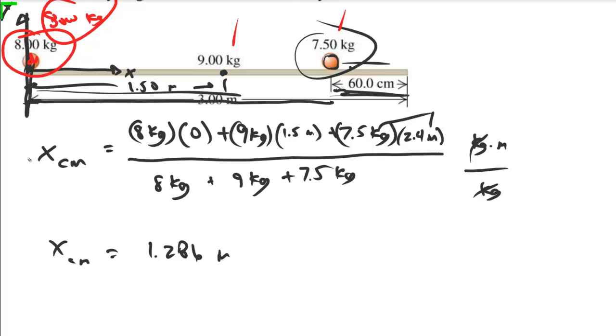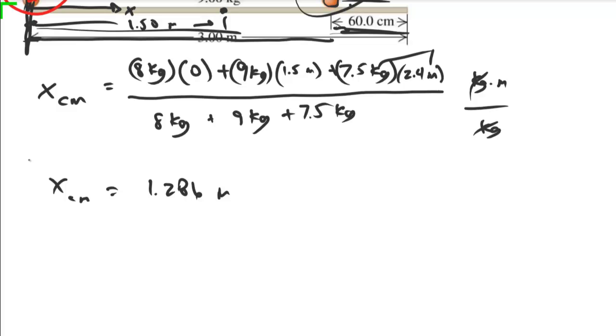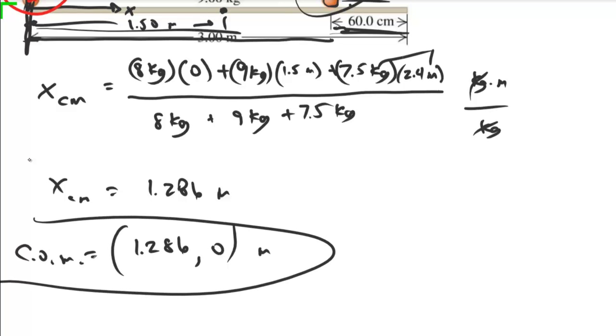Actually, the center of mass is an ordered pair, so in 2 dimensions this should be 1.286 comma 0 meters, right? This is the center of mass. But it just asks for the x center of mass, so you could have just left it this way.